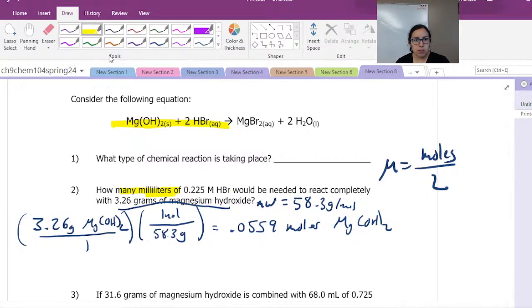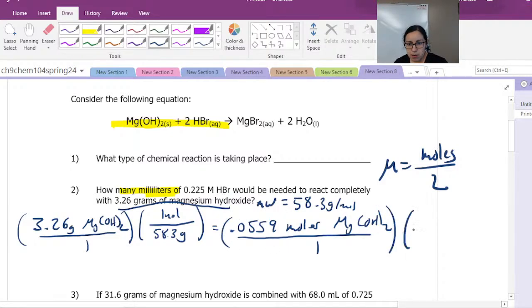So first we have to do the mole-mole ratio. So let's do that. So we need moles of HBr. So we can set up our mole-mole ratio. So I'll put 2 moles of HBr on top, and then 1 mole of magnesium hydroxide on bottom.